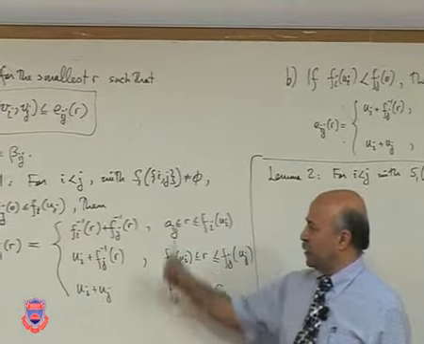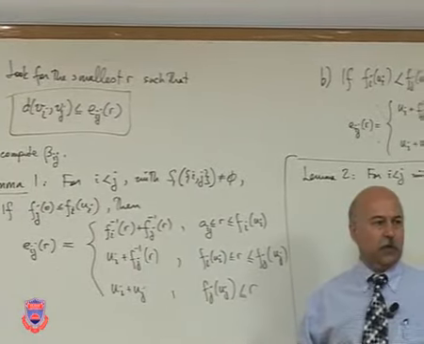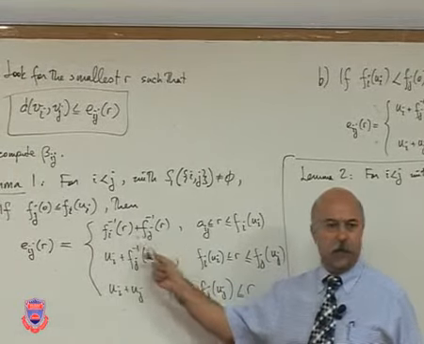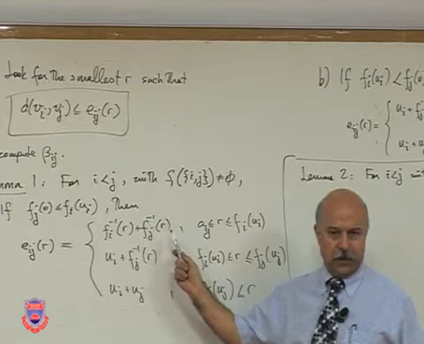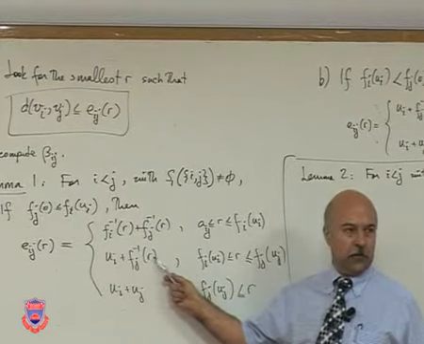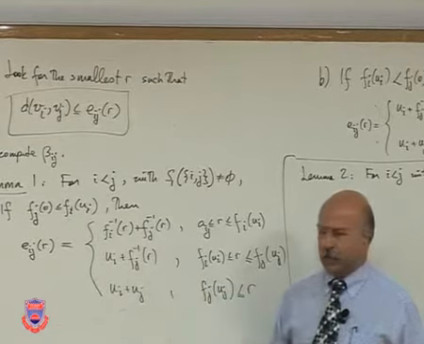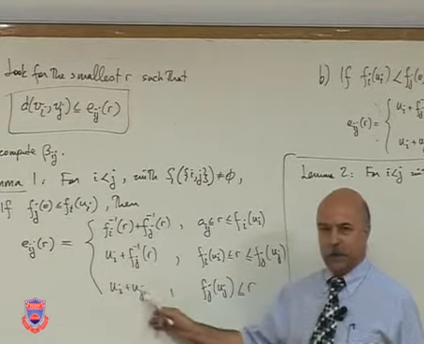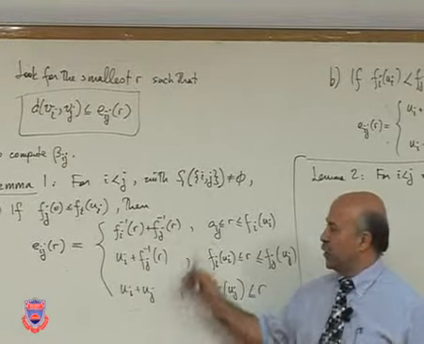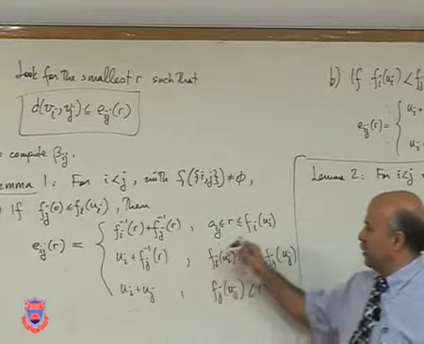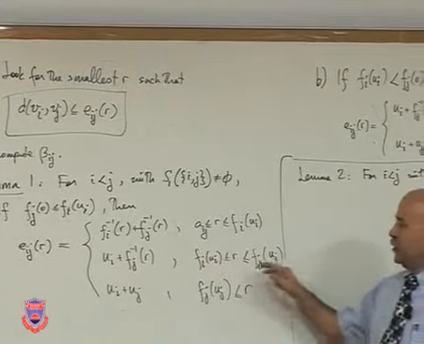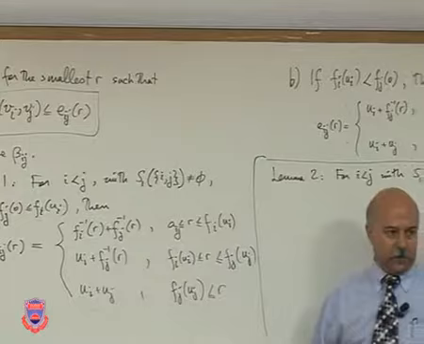You can see that both of these functions are monotone increasing, because this is the sum of two monotone increasing functions, Fi inverse and Fj inverse. The other one is a constant plus a monotone increasing function, so it has to be monotone increasing. I'm not talking about this; this is a flat function, it's constant. So for restriction of r between Aij and Fjuj, this function is invertible.